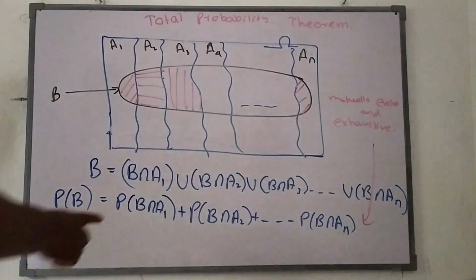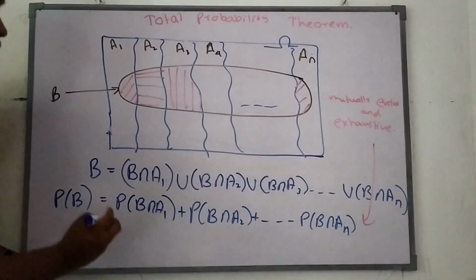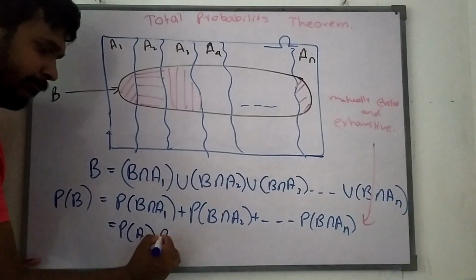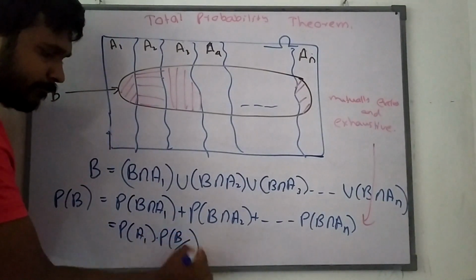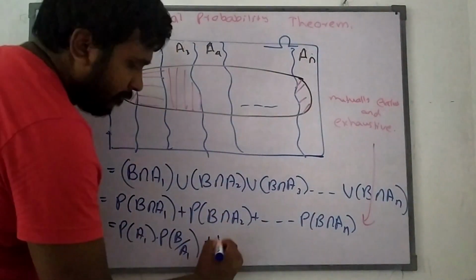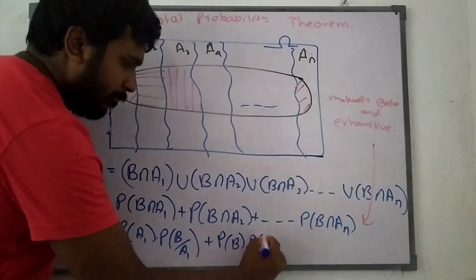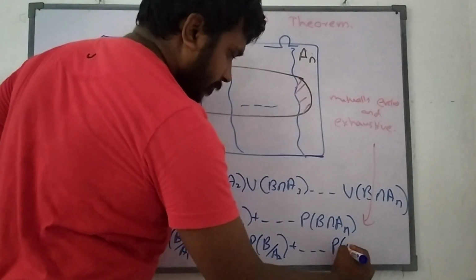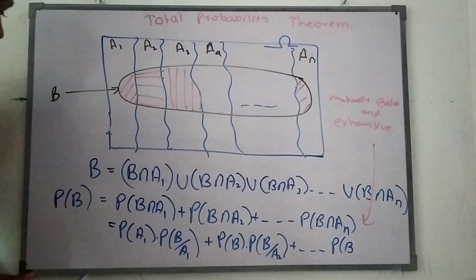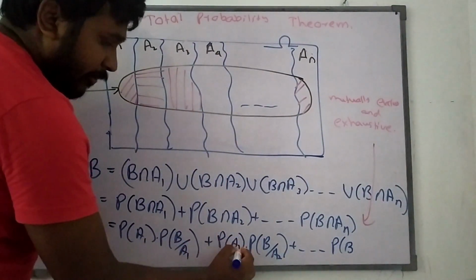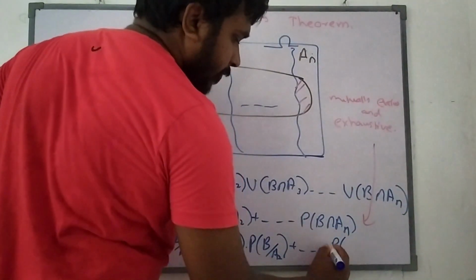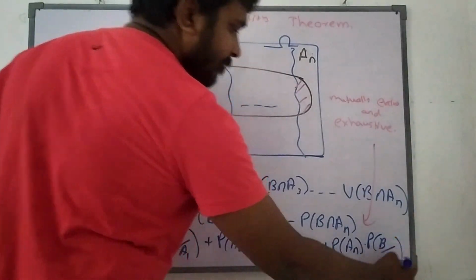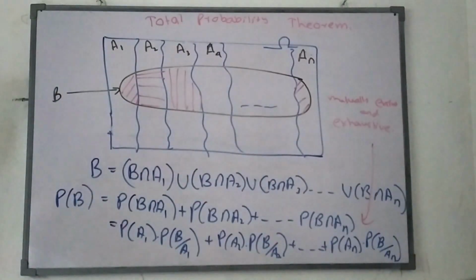So what is this? This is actually P(A1) times P(B over A1), plus P(A2) times P(B over A2), likewise up to P(AN) times P(B over AN). So likewise all are added.